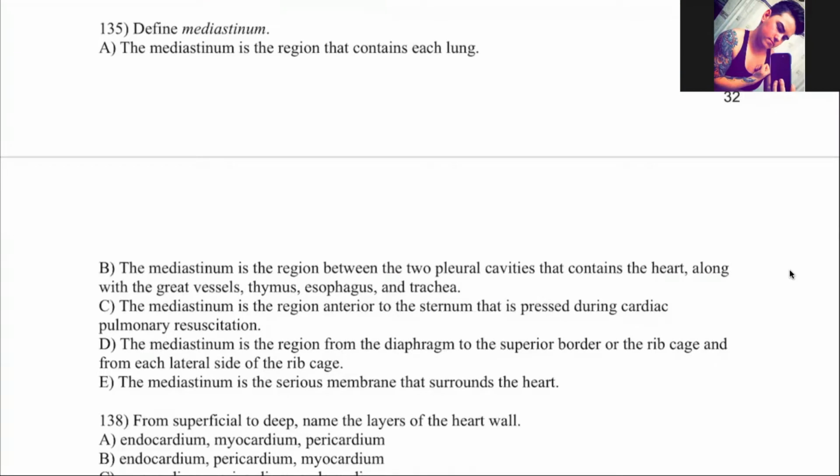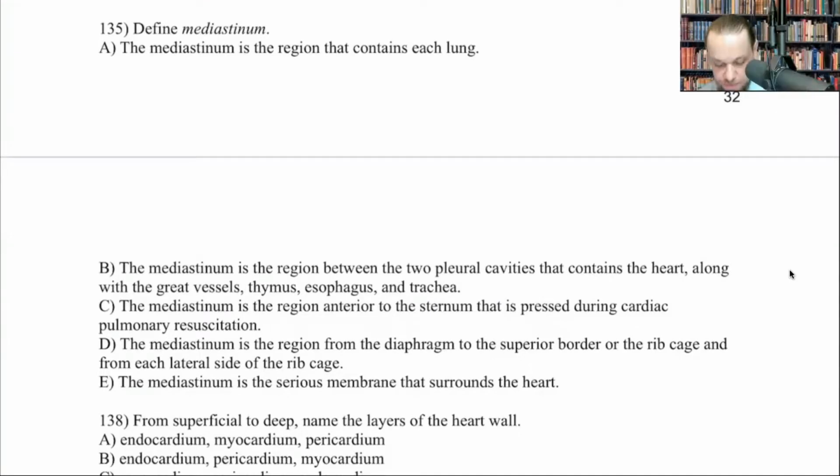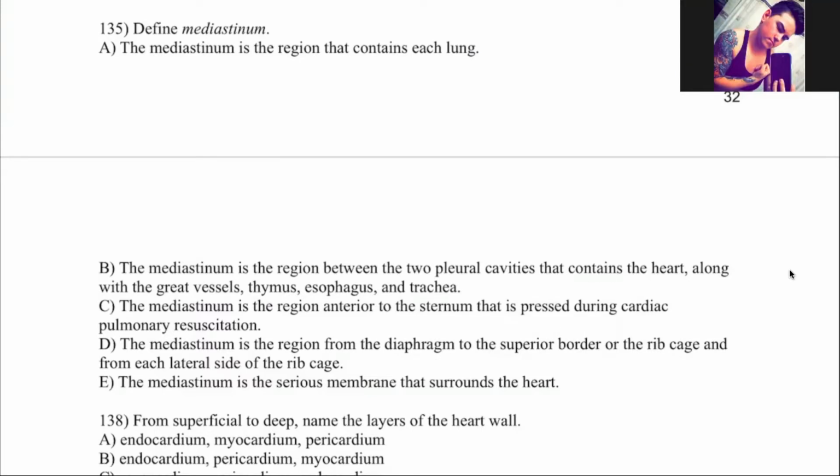Define mediastinum. So one hint I can give you is they look at that on chest x-rays, right, when the patient comes in, to rule out possible aortic dissection.